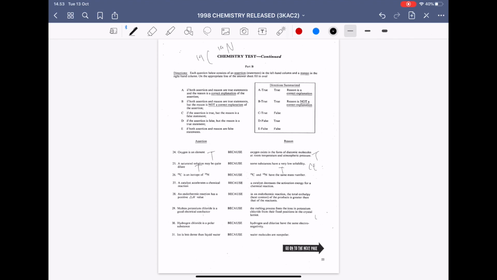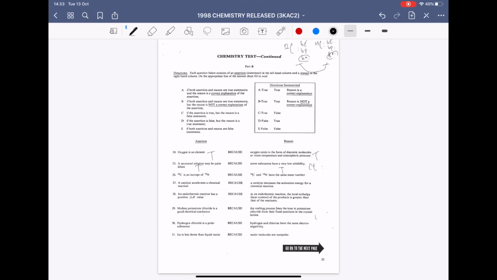Okay, number 26. C14 is an isotope of N14. Oh, so that's not true. For two substances to be isotopes of each other, they need to have the same number of protons and electrons. So we know that carbon-12 has 6 electrons, 6 protons, and 6 neutrons, and carbon-14 also has 6 electrons, 6 protons, and 8 neutrons.